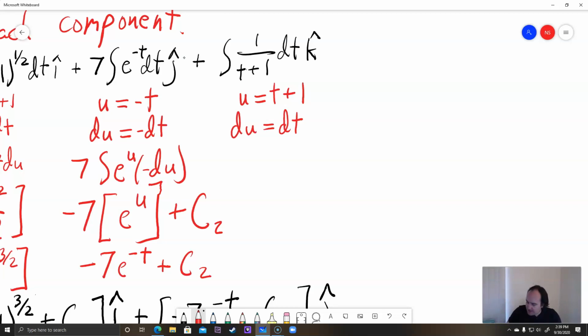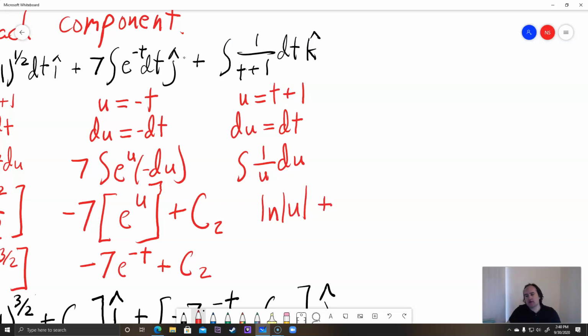All right, so what we have here is the integral of 1 over u du. And I don't know if you remember this one, but the integral of 1 over u is natural log of u plus c. Okay, so we're going to have natural log of absolute value of u plus c.